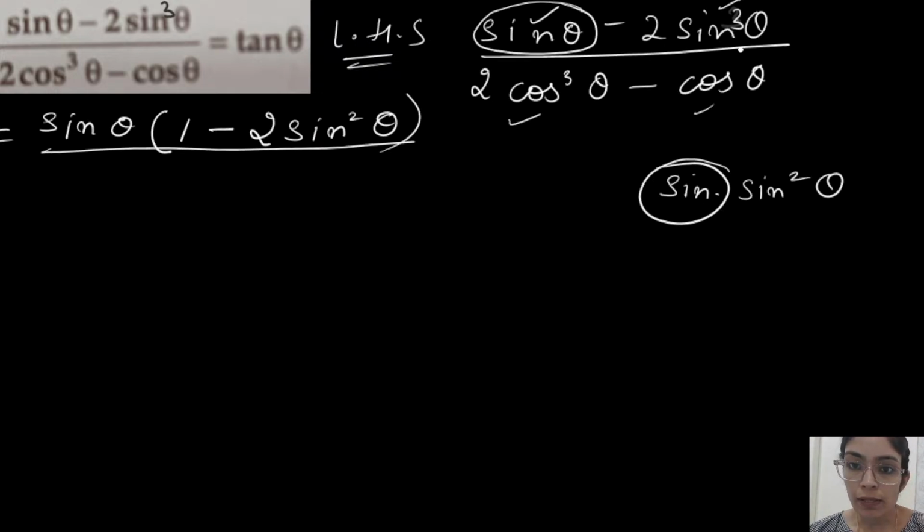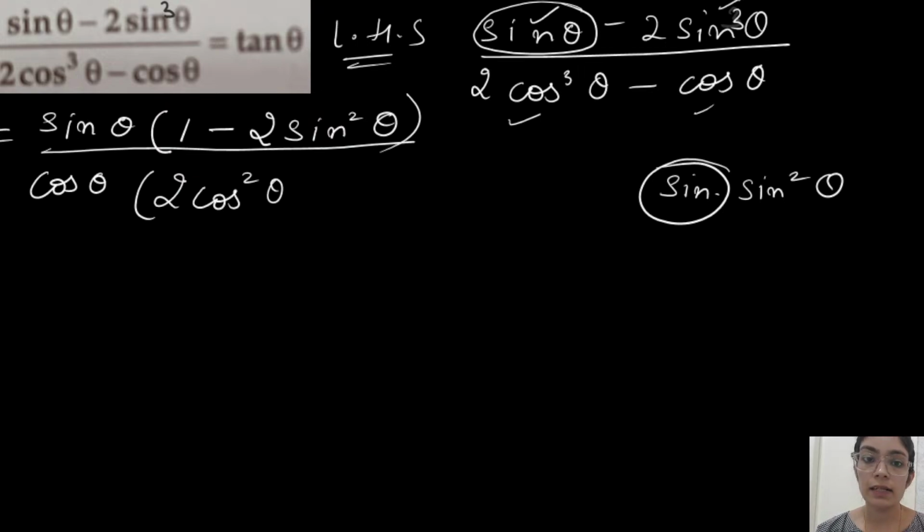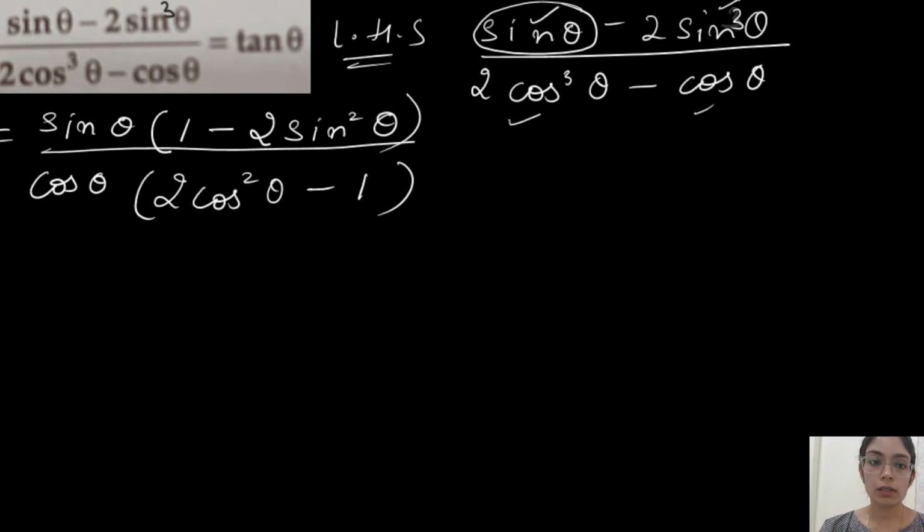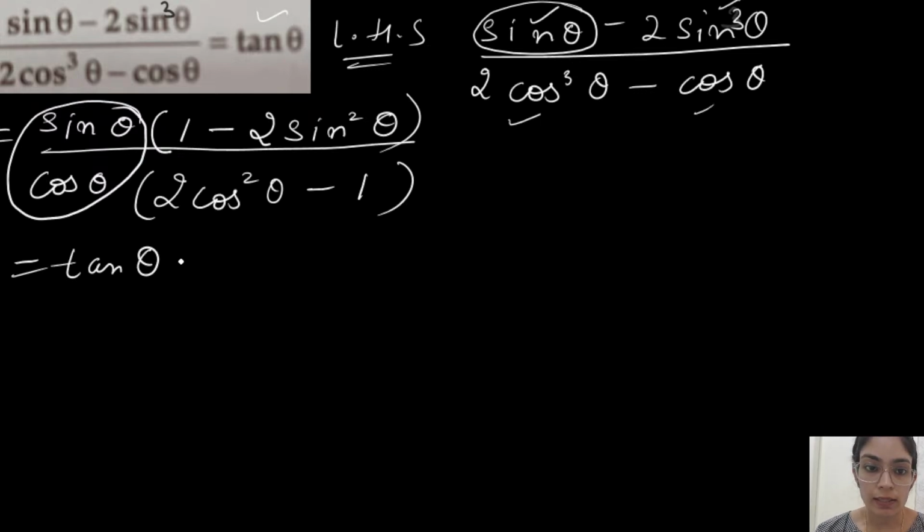Now in the denominator we can take cos common, so cos theta I am taking out common, so 2 cos square theta is there, then minus 1, the same way as we have done in the numerator. Now see, this sin theta by cos theta is equal to tan theta, the reciprocal relation we have already learnt.